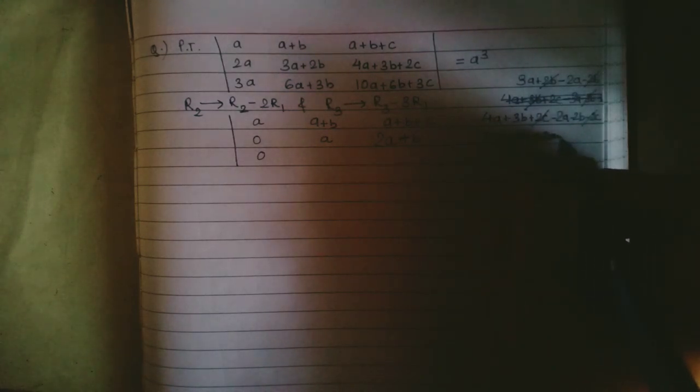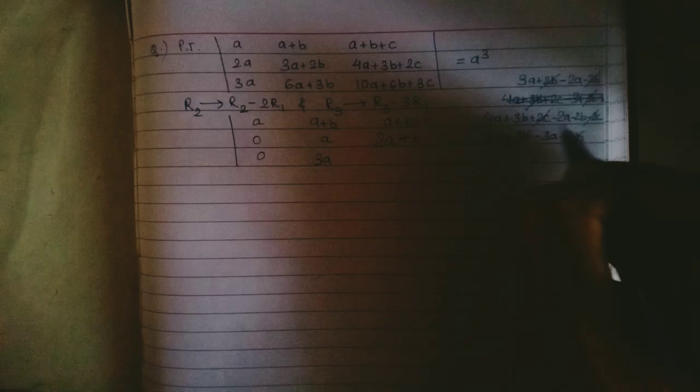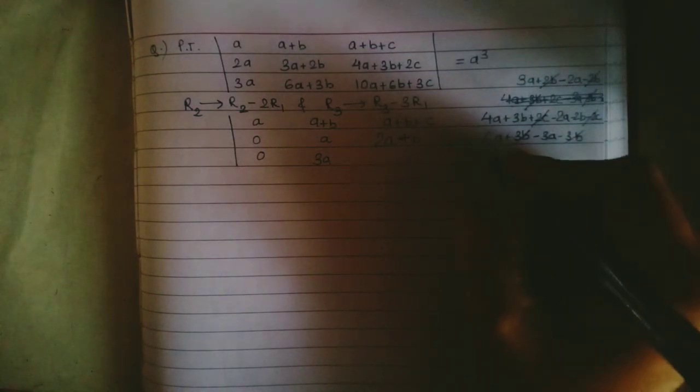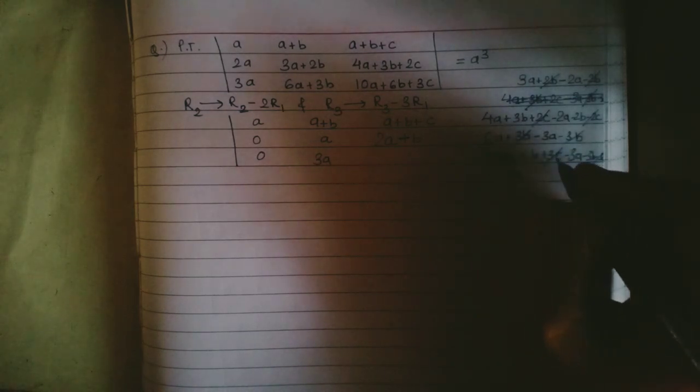So 6A plus 3B minus 3A minus 3B, so it is 3A, and 10A plus 6B plus 3C minus 3A minus 3B minus 3C. So 10A minus 3A is 7A, and 6B minus 3B is 3B.